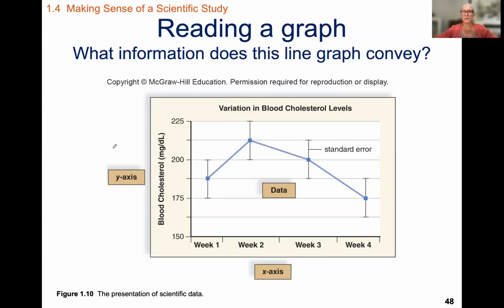Most of you are, I'm sure, familiar with graphs, but understand that when we're looking at a graph and we see the y-axis here and the x-axis here, be able to interpret that information.